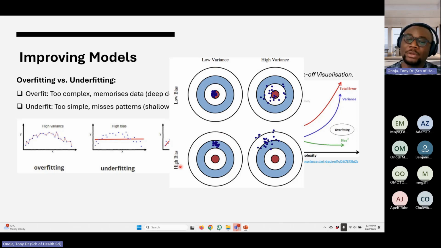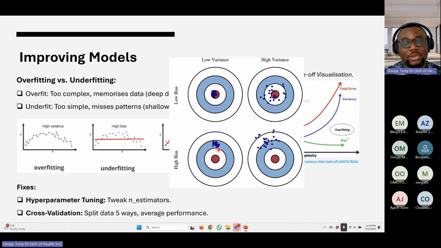But again, when we talk about high bias, remember from the model here, you notice that it will only capture one portion. It will completely miss a large portion of the data set. So that's not, again, what we want. We just want that which could actually tell us a story that really makes sense.